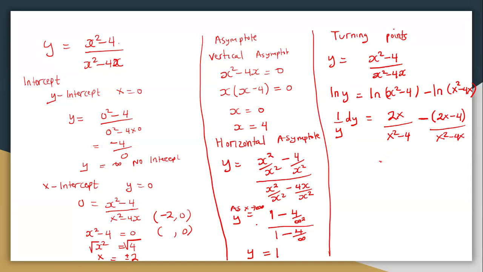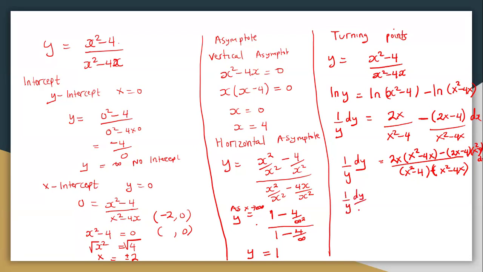So we are going to have 1 out of y dy equals, then the numerator will have 2x into x squared minus 4x, then minus 2x minus 4 times x squared minus 4.